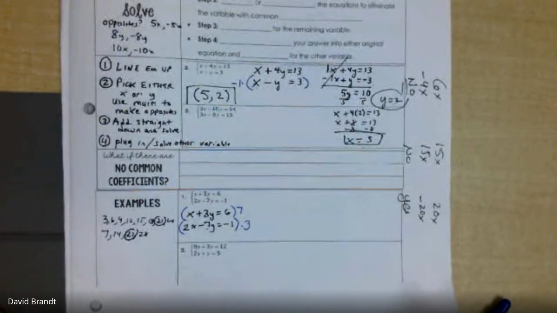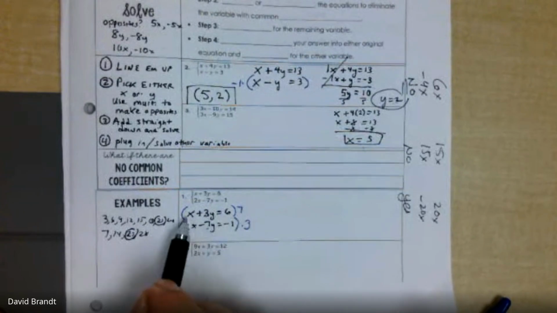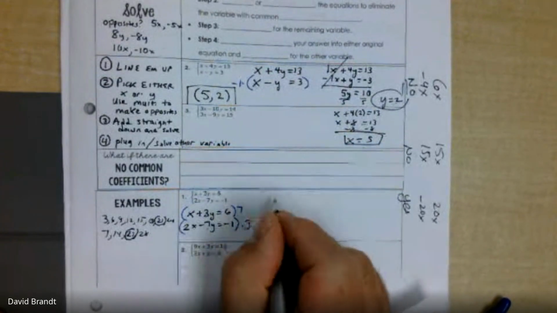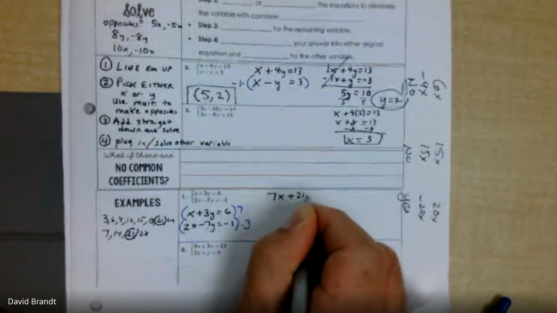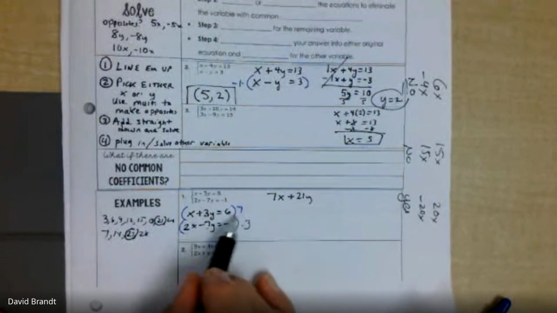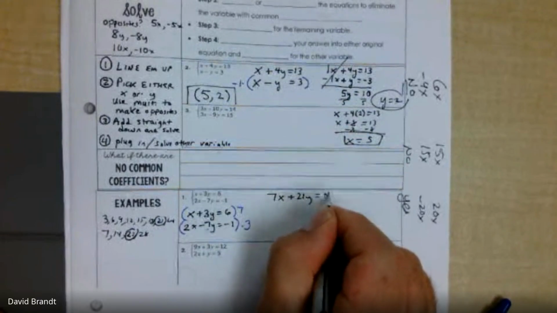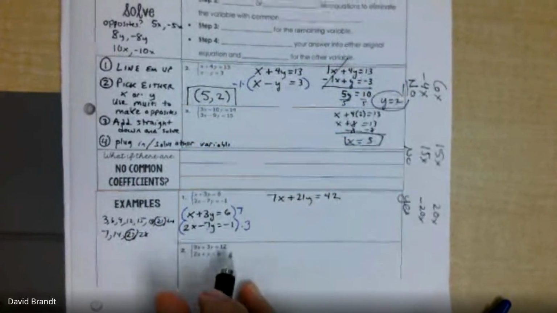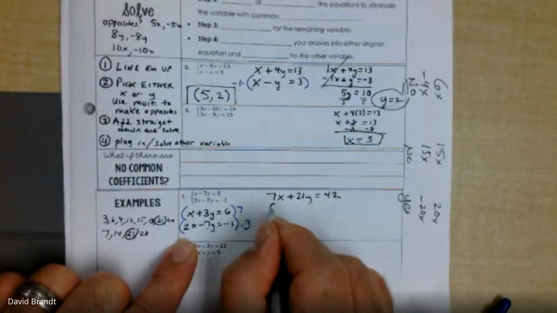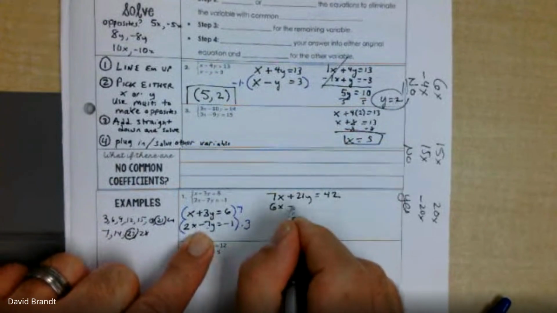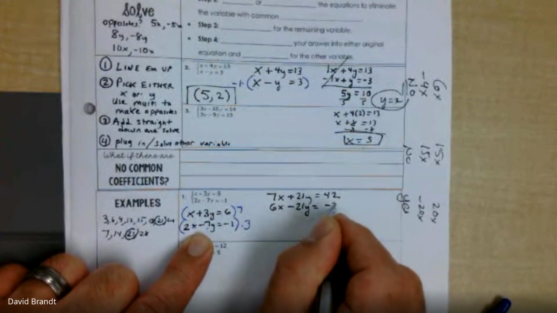So let's do that. Let's multiply both of these equations by the number that's outside the parentheses. And you have to multiply the whole equation. So 7x + 21y, I'm distributing the 7 through the whole equation, and 6 times 7 is 42. Now this equation, I'm going to multiply by 3. That's going to give me 6x - 21y = -3.